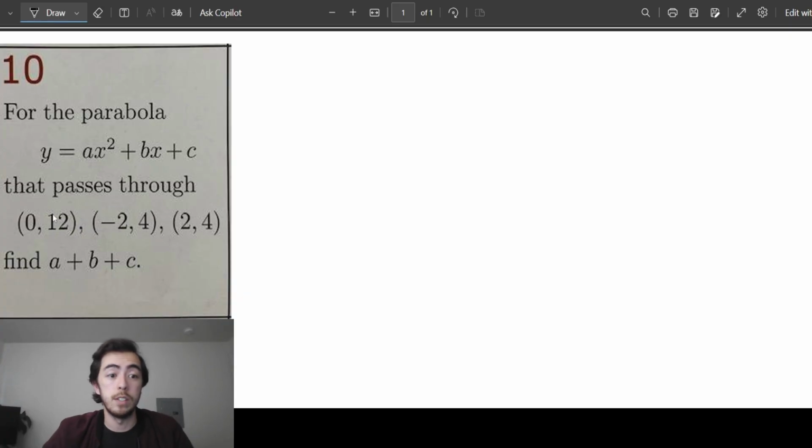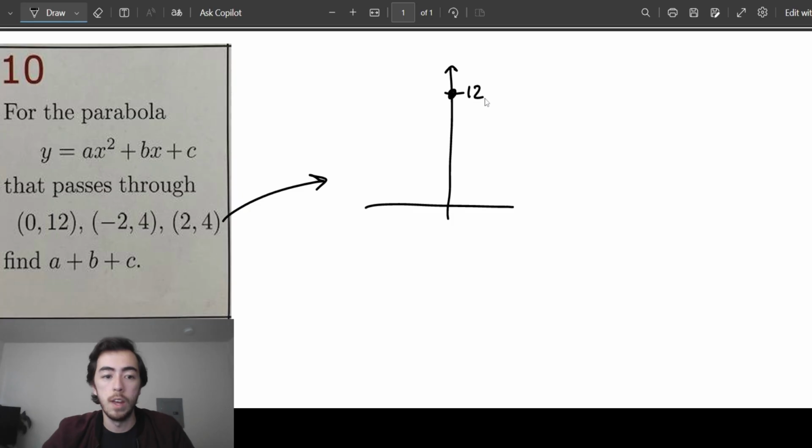This parabola passes through 3 points, and I'm just going to draw a quick sketch just so I can visualize what's going on. Looks like we have a point at 0, 12, so that's going to be up here. And then we have two other points at -2 and +2, and then the y value is going to be +4. So there's my 4.